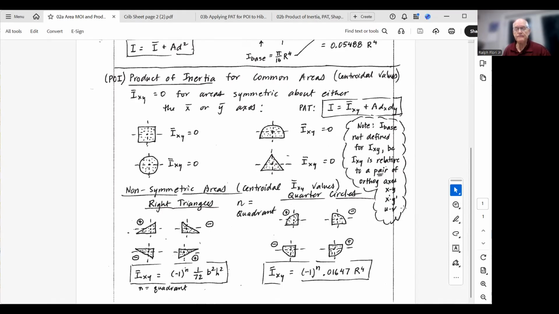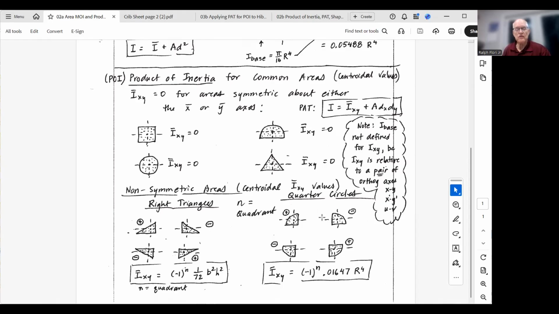So those are simpler. On the other side of the coin, if you have right triangles or quarter circles, those are a bit harder because you have to pay attention to the orientation of the triangle or the quarter circle, I'm sorry. These aren't quadrants, these are orientations.